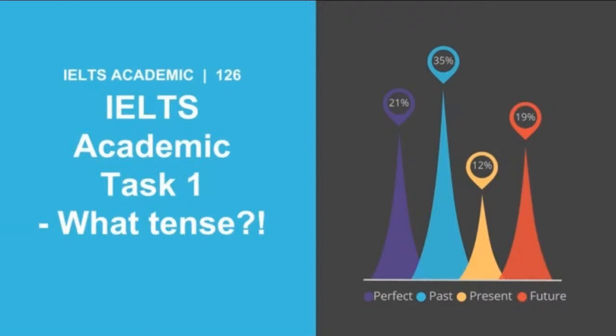So be careful. Here's a very valuable tip. If you get historical data in one part of the graph and forecasts in the next part, I would strongly recommend writing a paragraph about the historical one and then a second paragraph, clearly separated, talking about the future tenses.